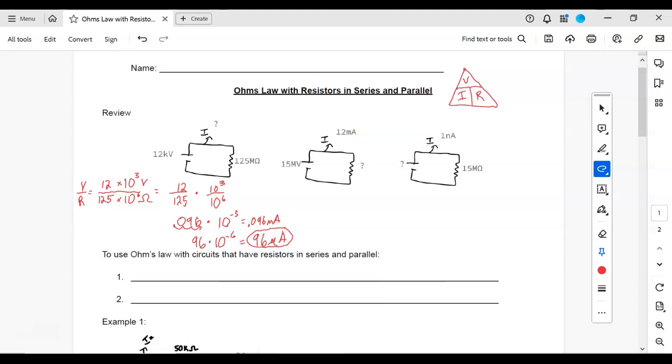Like, how does 0.096 compare to 1? It's a lot smaller than it, but how much?